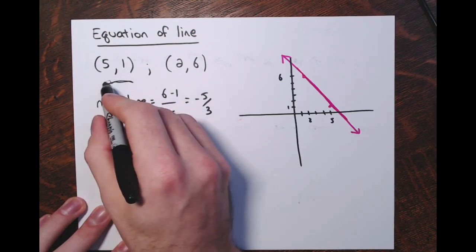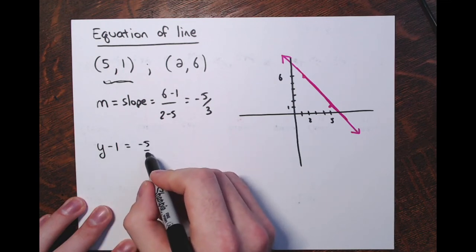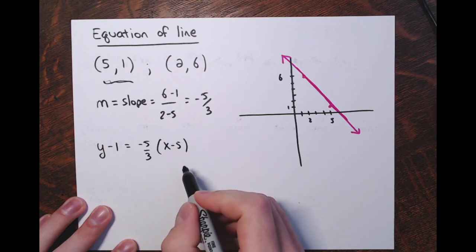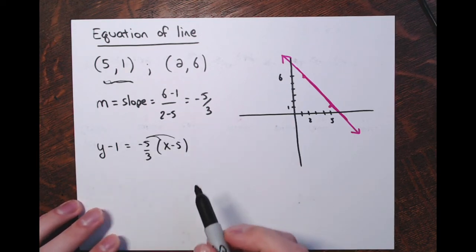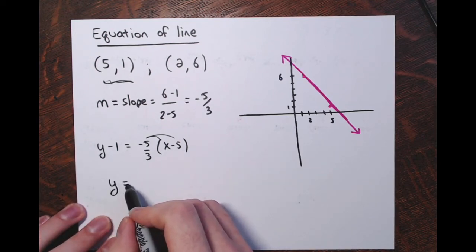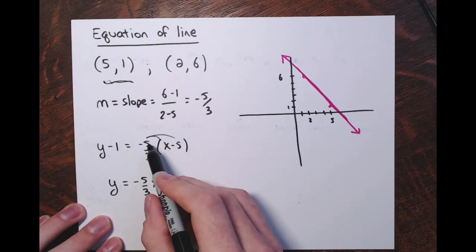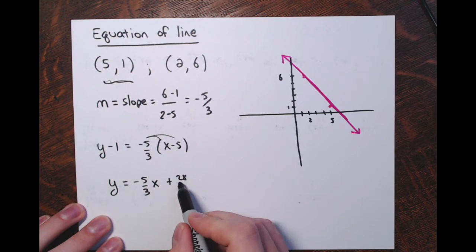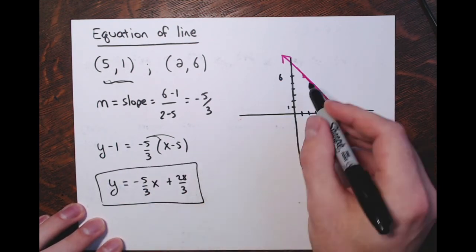Say I pick this point right here, y minus 1 would be equal to negative 5/3 times the quantity x minus 5. And there you go. And then I can distribute this and put it in slope intercept form if I want, and then add the 1. So y equals negative 5/3 x, and then plus 25/3 plus another 3/3 would be plus 28/3. Here's an equation in slope intercept form for this line.